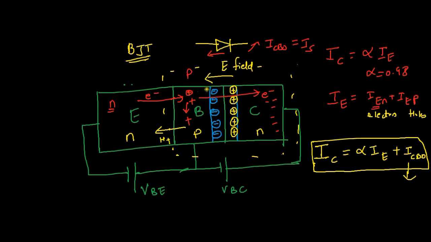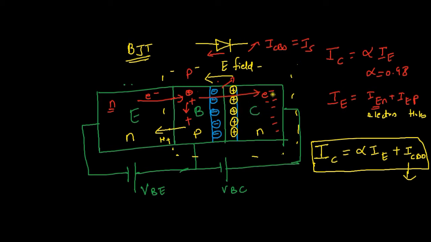Due to diffusion, some of the holes will reach here, and some of the electrons will travel from the N side to the P side until a potential is developed across this junction. This is the junction, just as in diode operation. So there is an electric field over here.